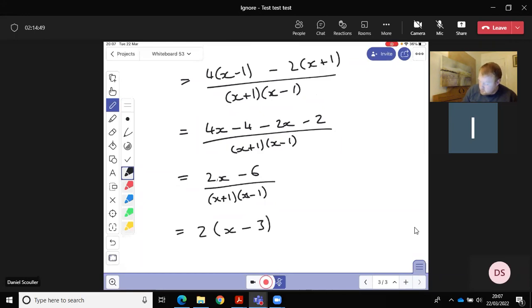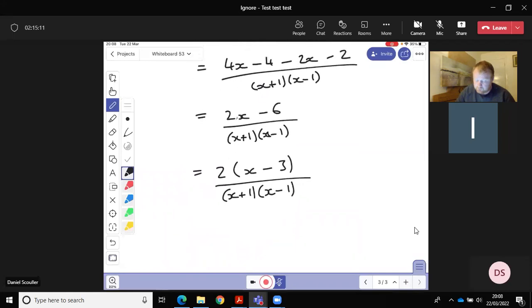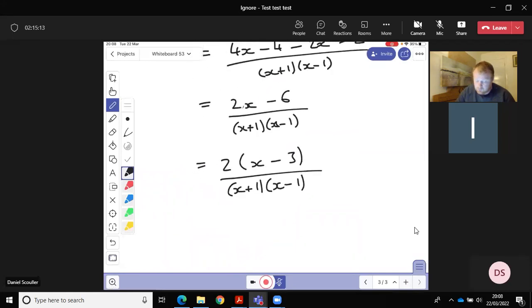No, it doesn't do anything. Is that right? 2x minus 6 minus minus x minus 1. Yep. Okay. So I'd usually expect a wee cancellation about here, but nothing's happening.